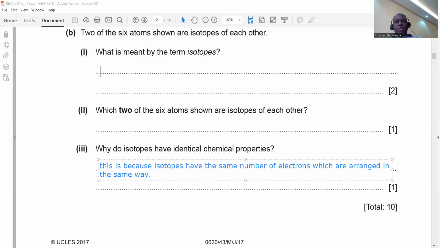So you could also say this is because isotopes have the same electronic configuration.